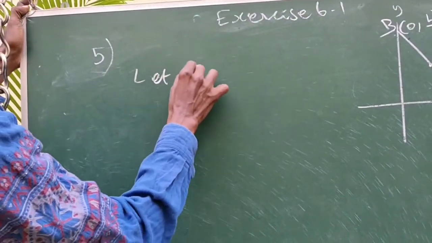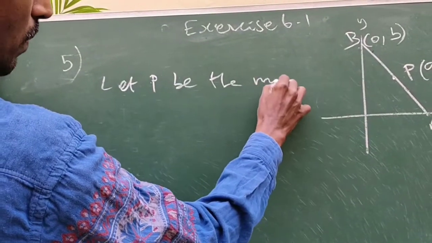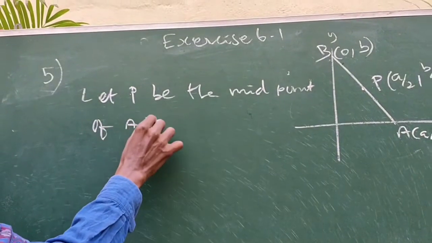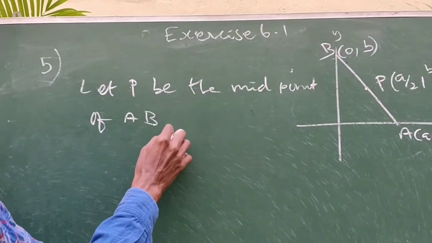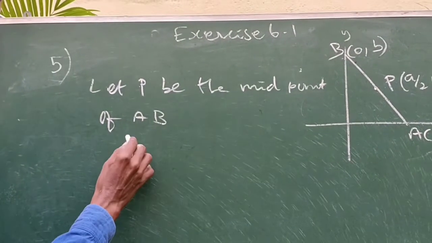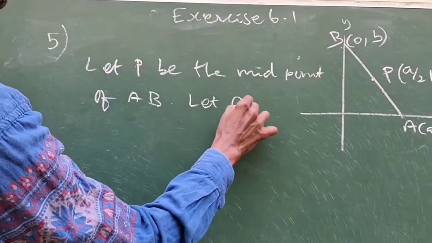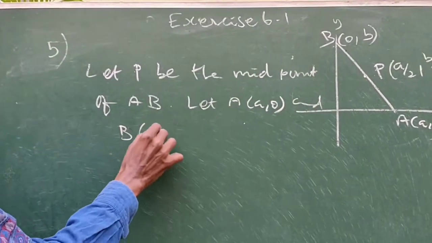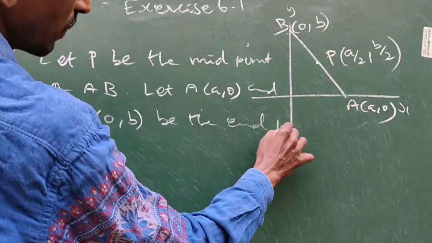Let P be the midpoint of AB, and we consider let A comma 0 and 0 comma B be the end points of the rod.